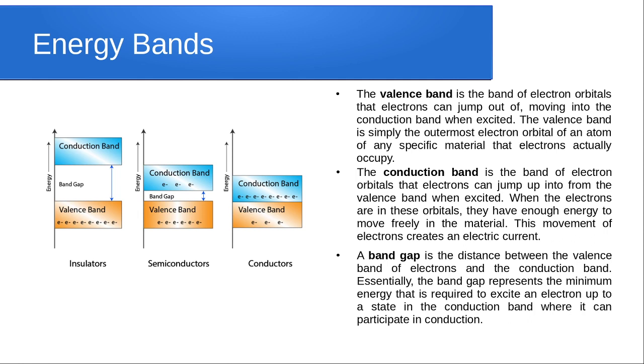This property of semiconductors, where we could control the number of electrons in the conduction band by exciting the electrons from the valence band, helps us to use these semiconductors in semiconductor devices.